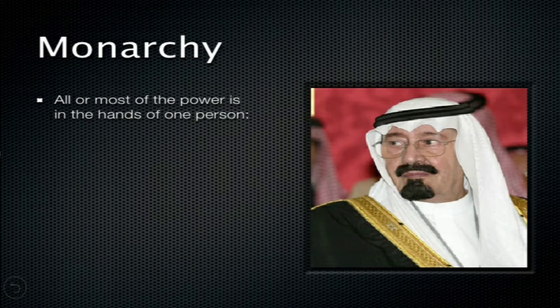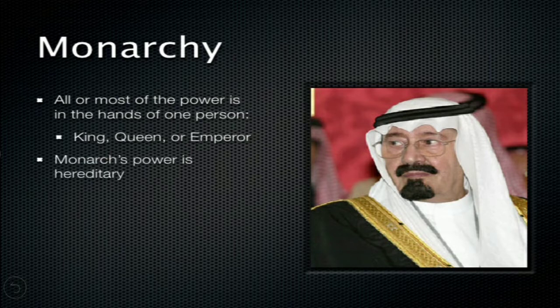First is monarchy. In this form of government, all or most of the power is in the hands of one person, a king, queen or emperor. And the monarch's power is hereditary.